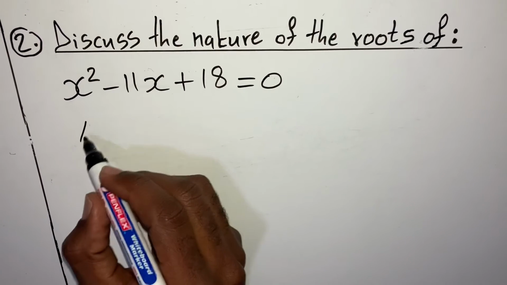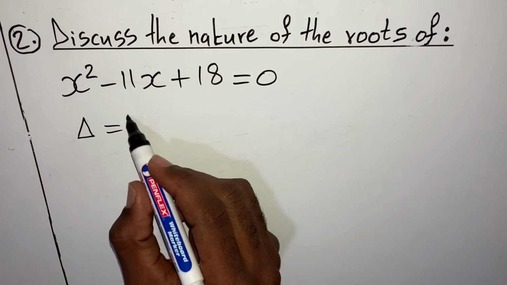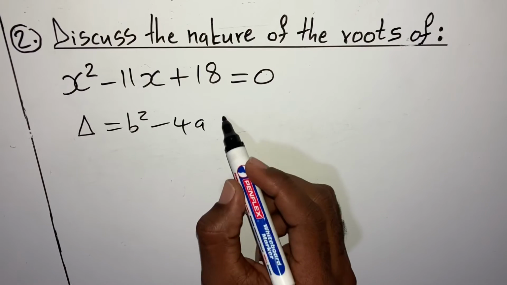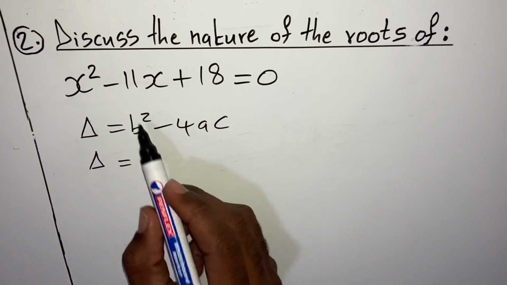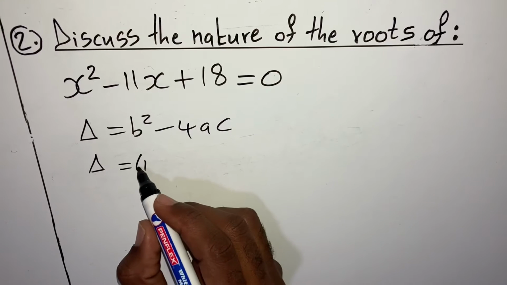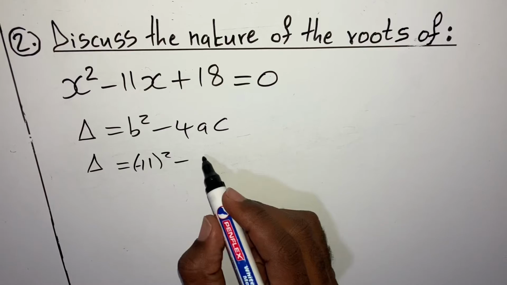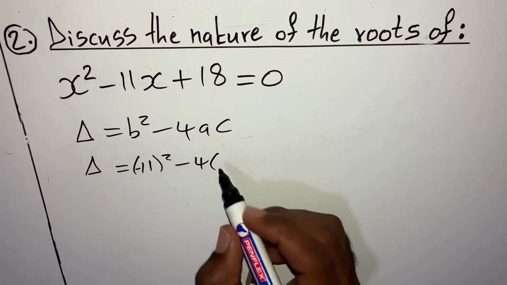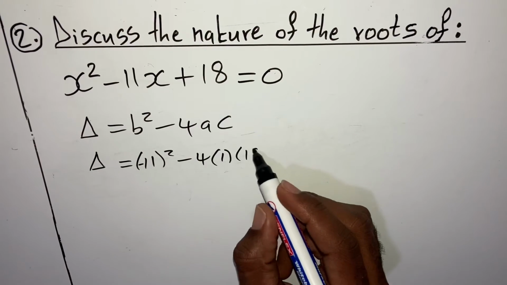So we have to firstly find our delta using the formula b squared minus 4ac. Then our delta is equal to our b is a negative 11 squared minus 4. My a is a 1, c is 18.